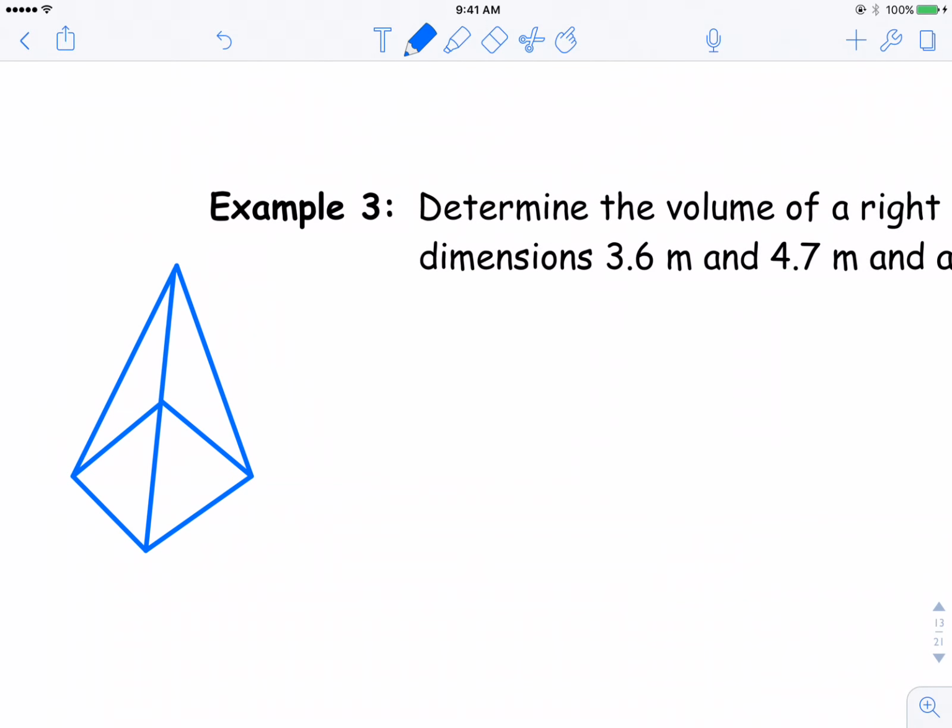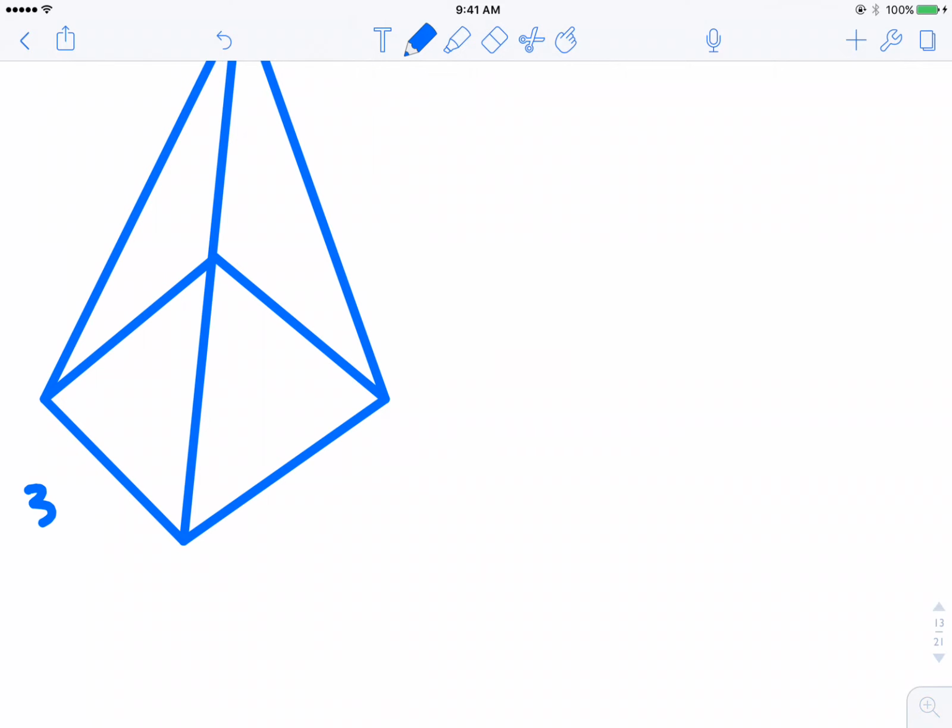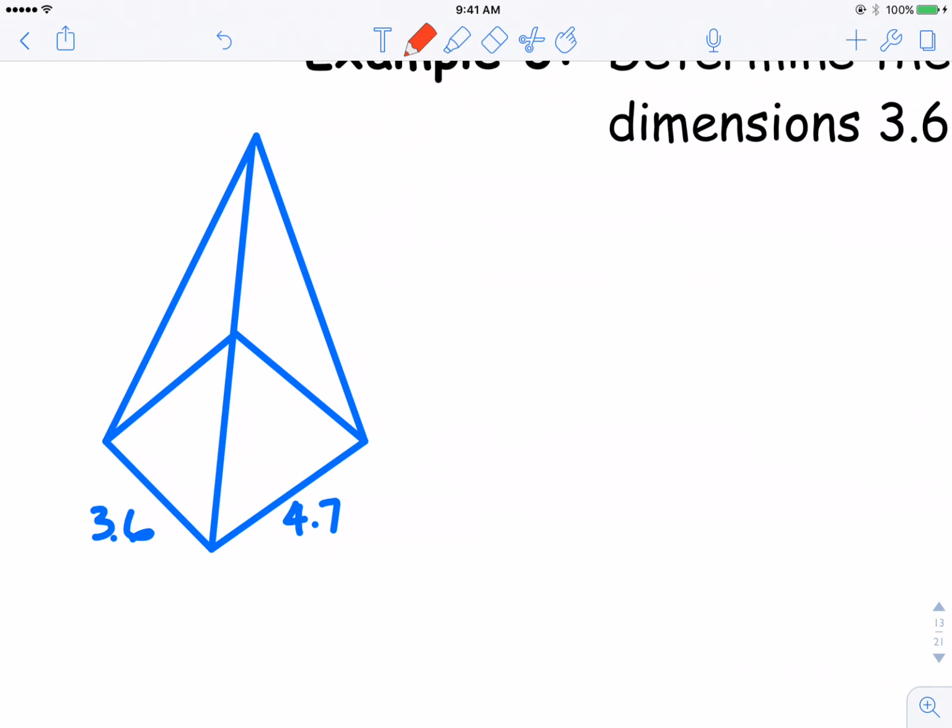There's my pyramid. One dimension being 3.6, the other dimension being 4.7, and a height of 6.9, down to the middle there.